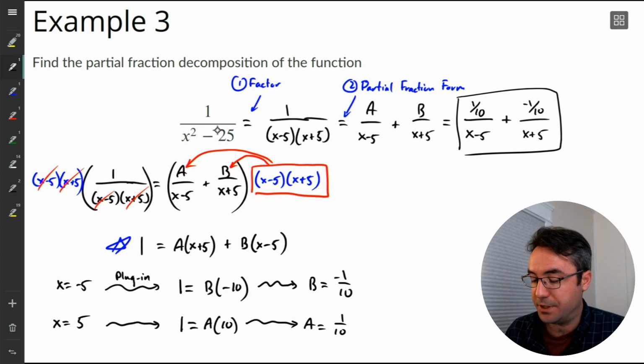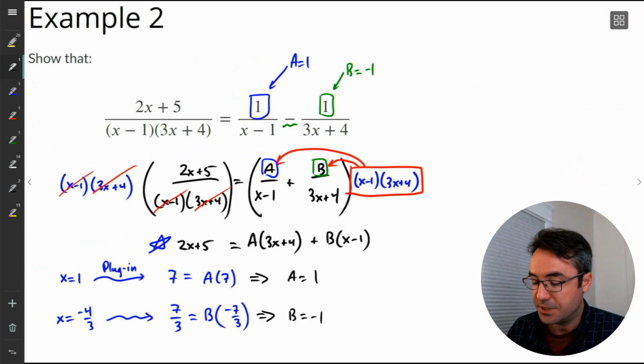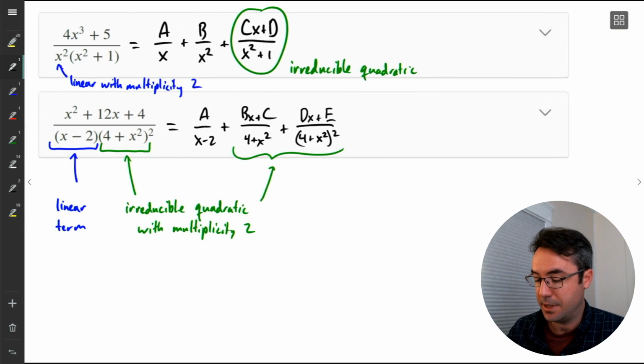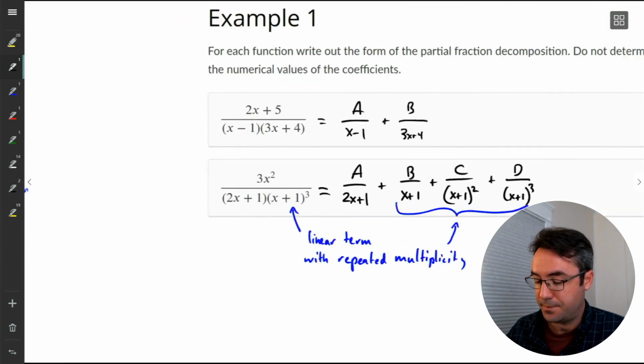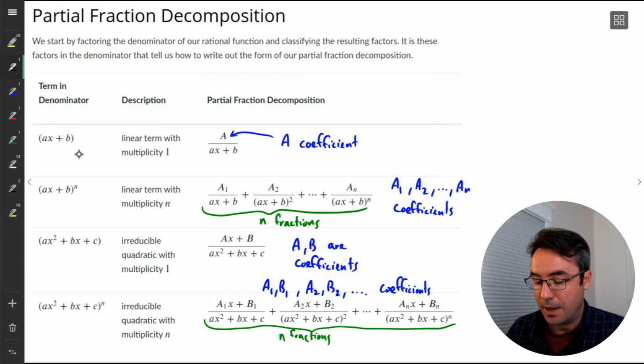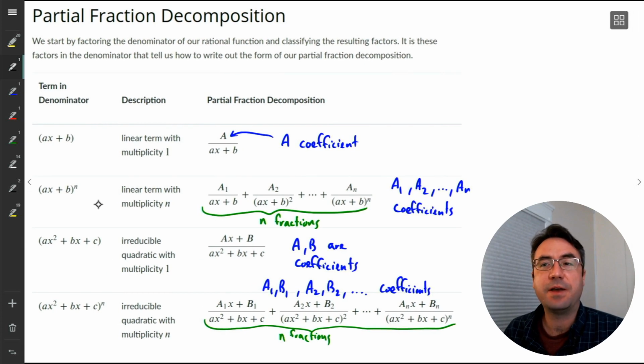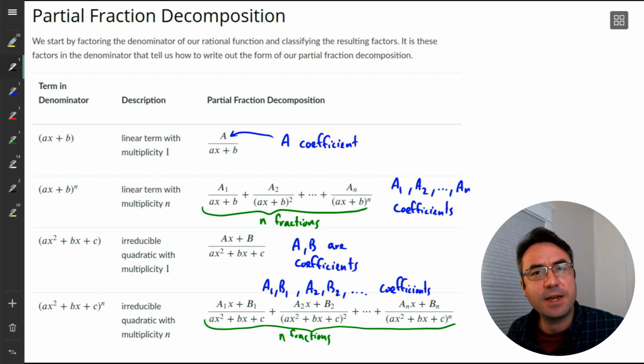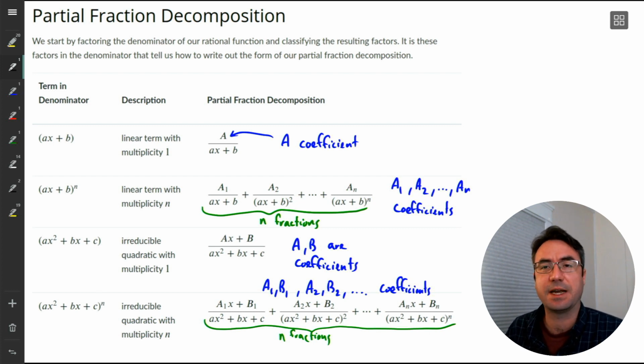So really what we saw in example 3 here is just two distinct linear terms. Same thing in example 2, two distinct linear terms. So next time we'll see how do we find the coefficients if we have some repeated terms, maybe some irreducible quadratics. Similar strategies, but we'll try a few more things out.